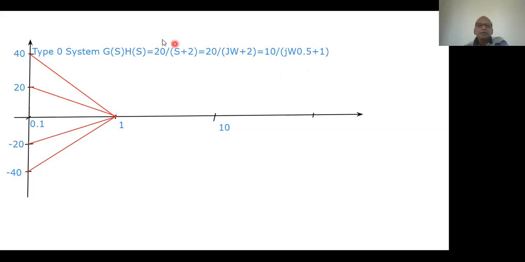The corner frequency for this is none, because it is a constant.